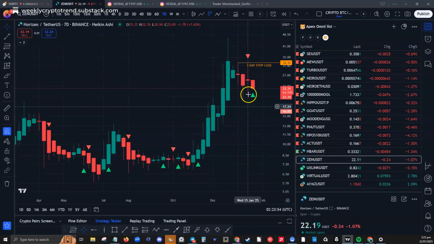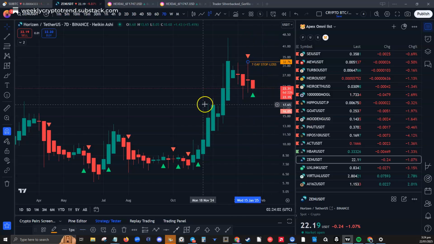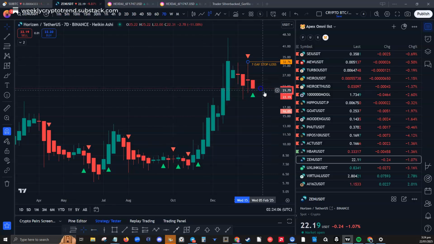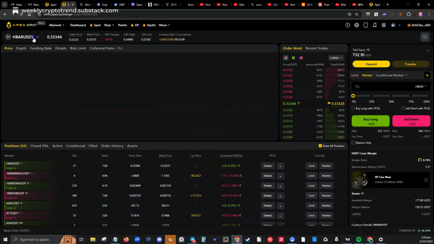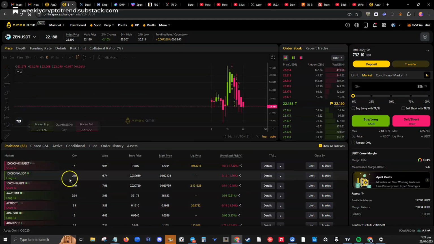Zen. It's definitely short. I don't need to check anything there. Let's get those coordinates on that short. So Zen short. Okay. Zen. We don't have a position there, so 1x.